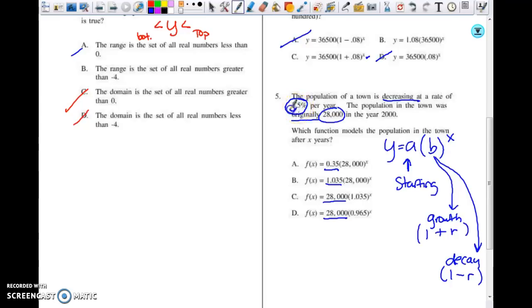So how do we write that as a decimal? You move it over, right, so that would be 0.035. So if we're decreasing, what are we doing? Are we adding or subtracting? We should be subtracting. So what number is that going to give us for the b? Okay, so I'll let you figure that out. That's the b. That's the number that goes in the parentheses, okay? And that's it for this video.